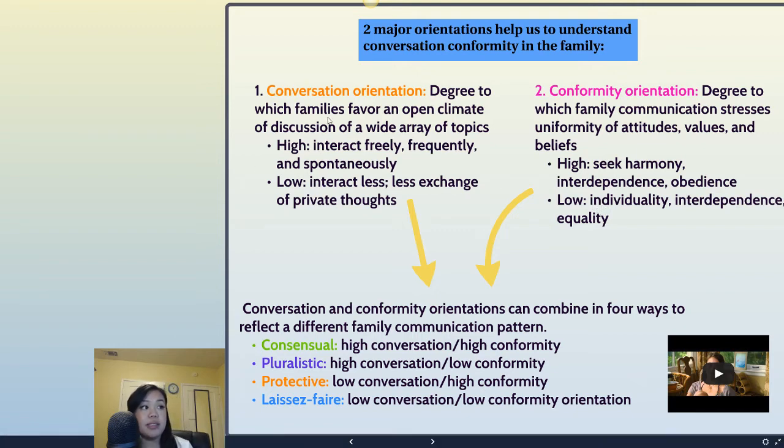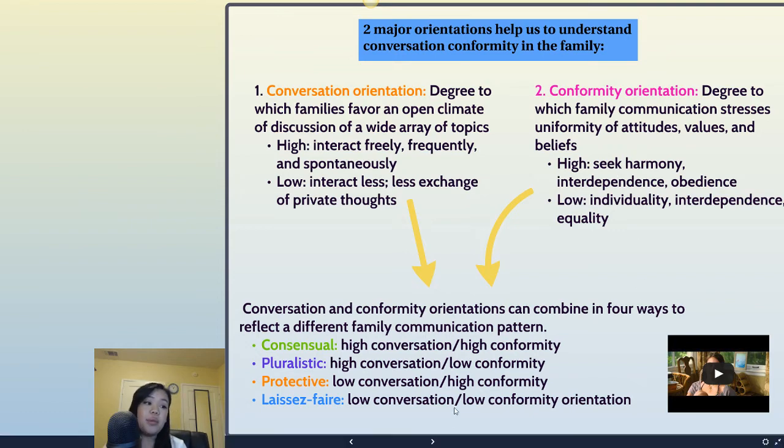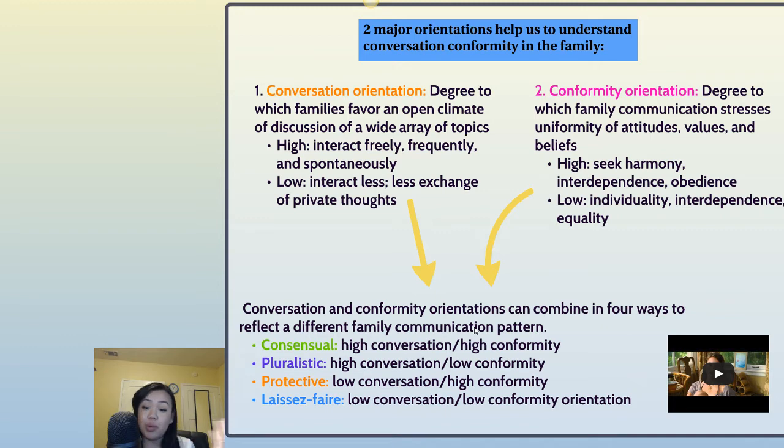These families don't talk a lot, and if they do, they seek high levels of conformity, harmony, obedience, and keeping family structure. Then we have laissez-faire, which are low on both accounts. These families don't talk a lot, and when they do, there are not a lot of boundaries, rules, or regulations in how they talk.